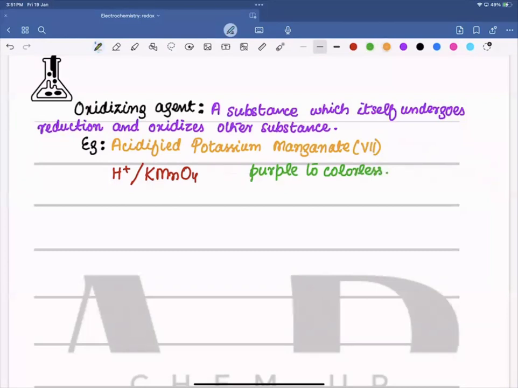Another example of an oxidizing agent is acidified potassium dichromate(VI).